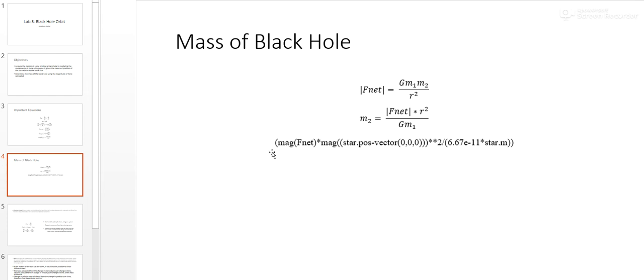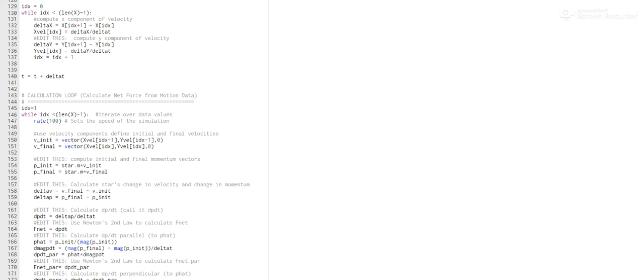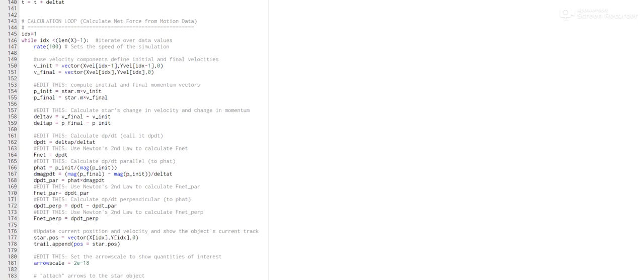The line of code that calculates the mass of the black hole is shown here. In the code, I changed the mass of the star and delta t. I also changed the velocity in the x direction to be delta x over delta t, and in the y direction to be delta y over delta t.